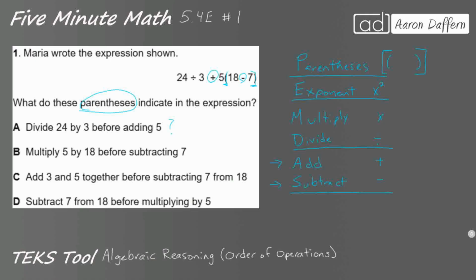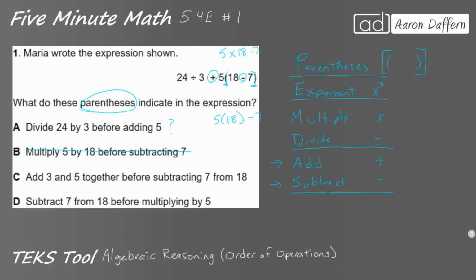Well, you would normally, if it was just like this, 5 times 18 minus 7. If it just looked like that, then yes, you would multiply first. Or if it looked like this, 5, you can show multiplication by just using parentheses like that. That would show multiplication first. But since the 18 minus 7 is in the parentheses, we need to take care of that first.